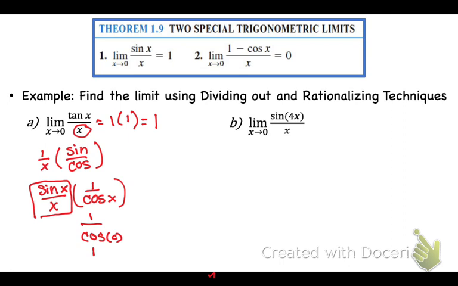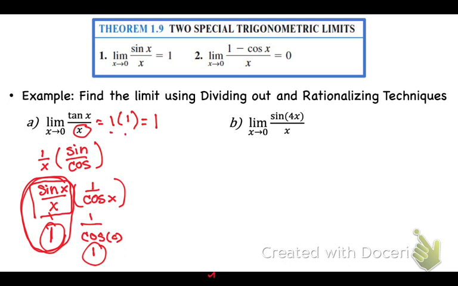Where do you randomly get 1 times 1 after? Because this is 1. The limit of this is 1. Remember yesterday we just multiply them together? 1 came from here and 1 came from here.